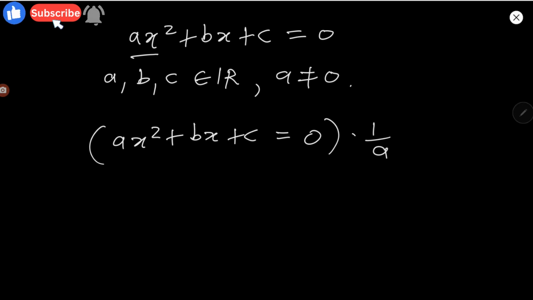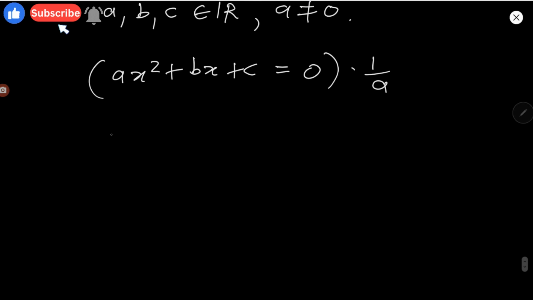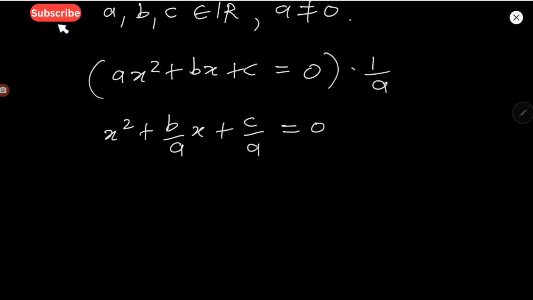So if I multiply by 1 over a, I'm going to have x squared plus b over a x plus c over a is equal to 0 over a, which is just 0.